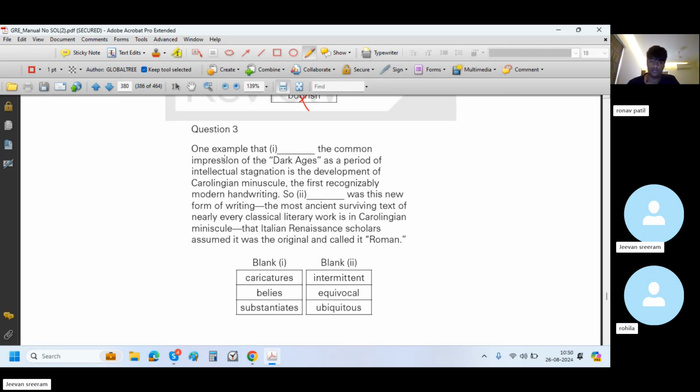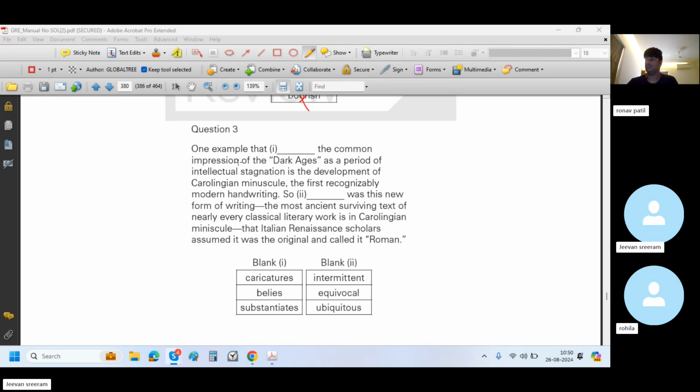How about this one? One example, the dash, the common impression. We have done a similar question in the lessons, right? What are the options you picked, Rohila? I didn't pick, sir. I didn't do it. One example is that the common impression of the Dark Ages as a period of intellectual stagnation is the development of Carolingian manuscript, the first recognizably modern handwriting.